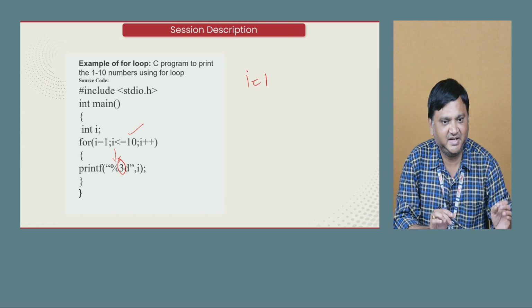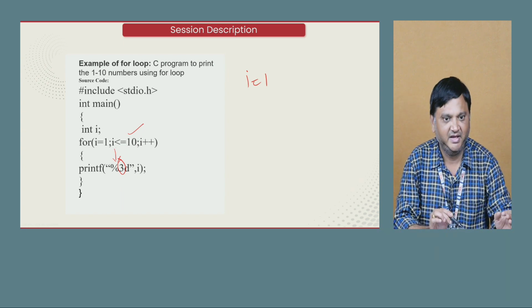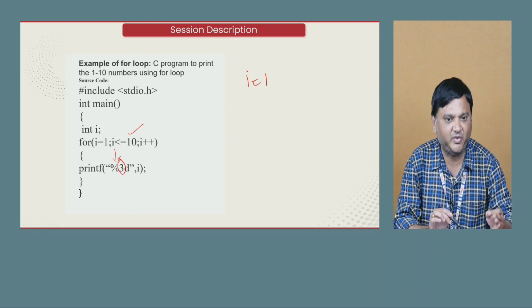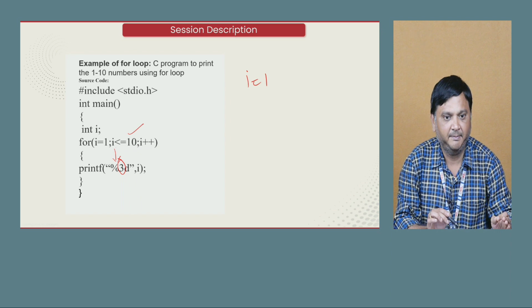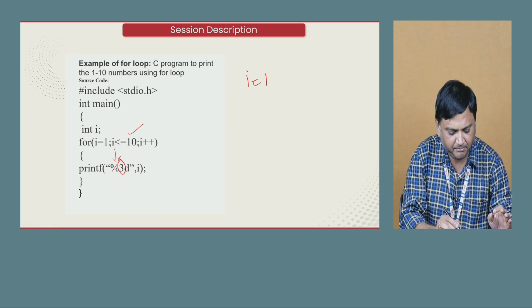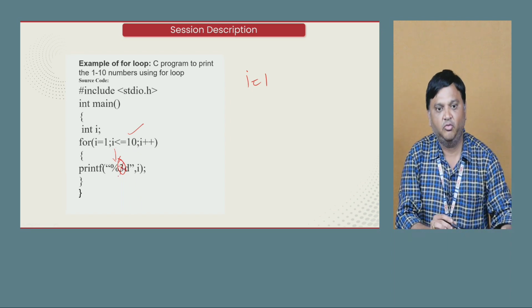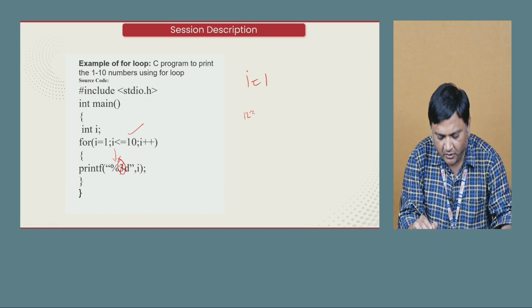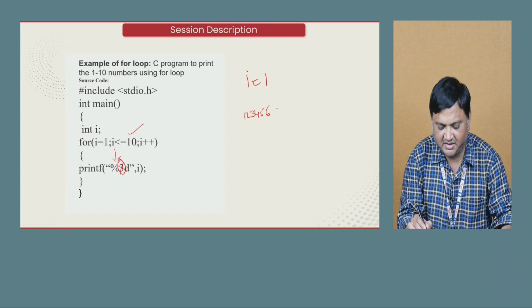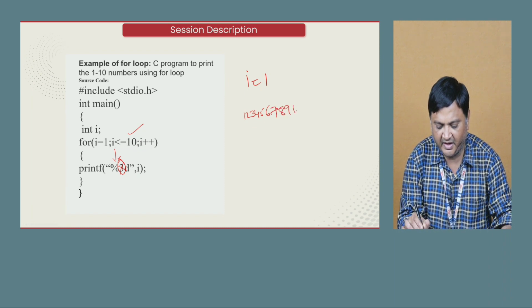See, %3d prints the output by giving 3 spaces between one number and another number. That is the advantage of using %3d. If you don't write %3d, you can see the output on the screen like 1, 2, 3, 4, 5, 6, 7, 8, 9, 10.